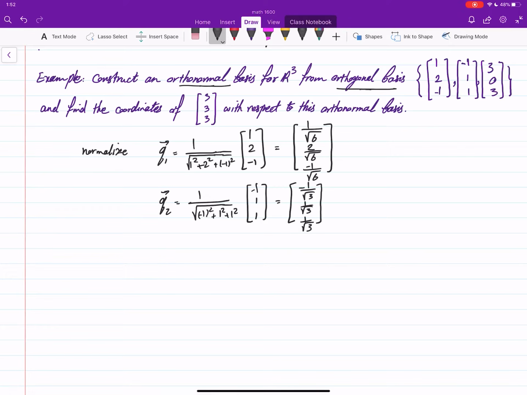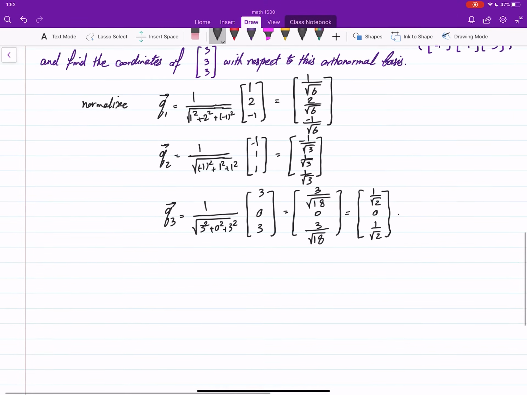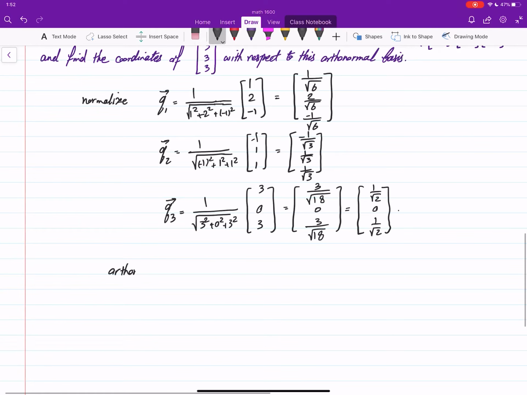And q3 is 1 over the square root of 3 squared plus 0 squared plus 3 squared, times (3, 0, 3), which will give us 3 over root 18, 0 over root 18, and 3 over root 18. Indeed, you can simplify this a little bit and write it as 1 over root 2, 0, 1 over root 2.